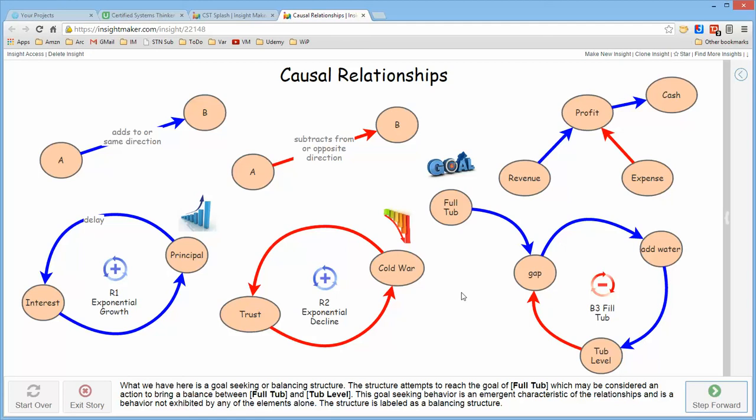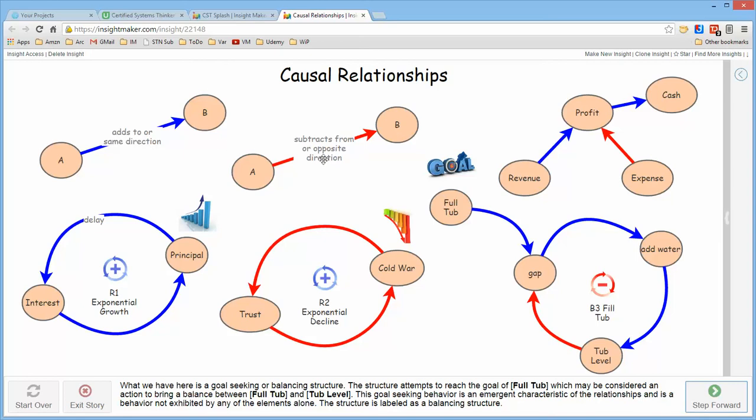Just take away the idea that while causal relationship maps can become extremely complex and appear complicated, they're all created from 2 simple relationships. It either adds to or changes in the same direction, or it subtracts from or changes in the opposite direction.